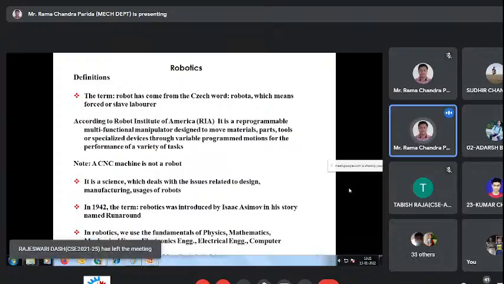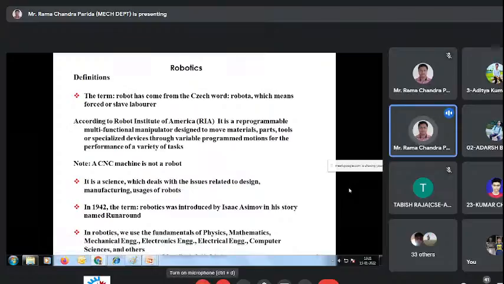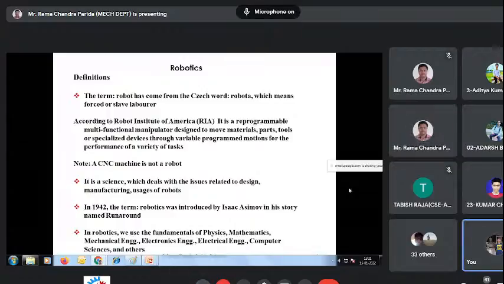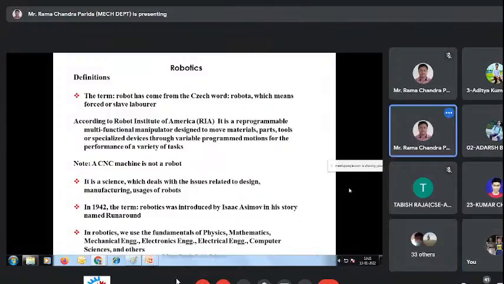Now you can see the slide I share with you. Yes, we are in module 3, having two parts. One is the basic power transmission device and the introduction to robotics.